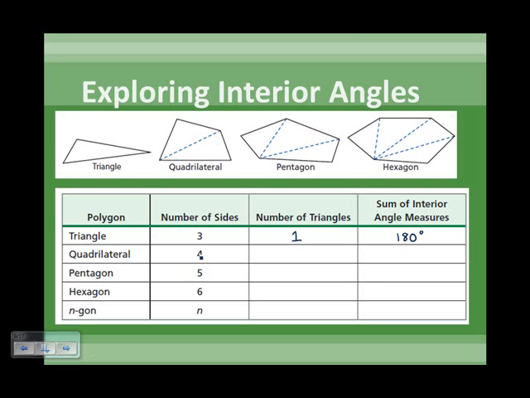So if we have a quadrilateral with four sides, the number of triangles that we would create would be two triangles. And then if each of them has 180, the sum of the interior angles would be 2 times 180, or 360 degrees. For a pentagon here, it has 5 sides. We can draw in 2 diagonals, which creates 3 triangles, 1, 2, 3.